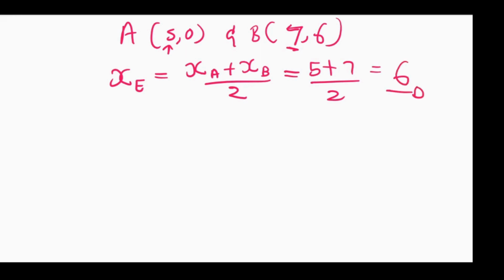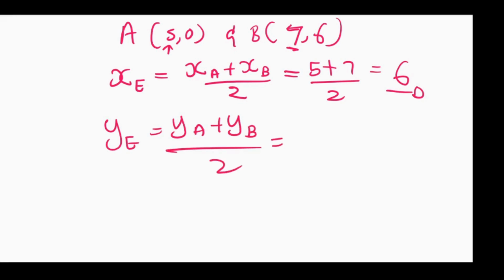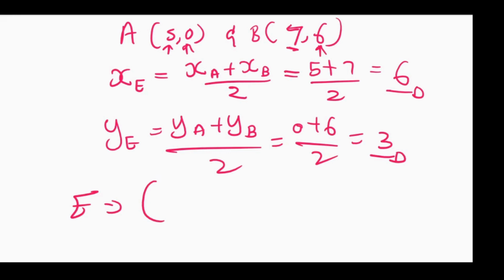So this is the x coordinate of E. And then the y coordinate of E is equal to the y coordinate of A plus the y coordinate of B divided by 2. The y coordinate of A is 0, plus the y coordinate of B, which is 6, divided by 2 will give you 3. So these are the coordinates of E. E is going to be 6 and 3.